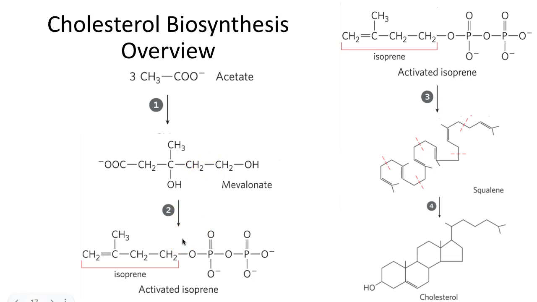It's actually an activated isoprene by having that pyrophosphate group attached to the isoprene. And then from there, that activated isoprene makes the squalene. And then from squalene, you finally have your final form, cholesterol. And that is the biosynthesis of cholesterol. And that's the end of this lecture.